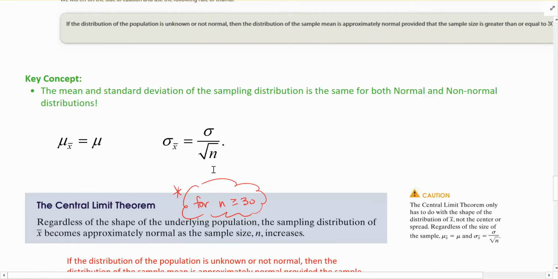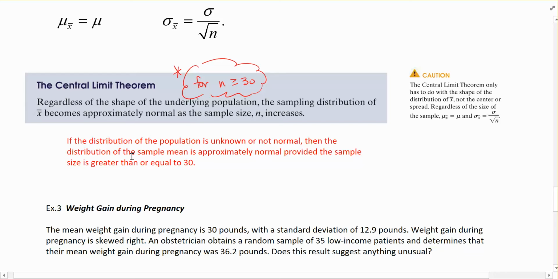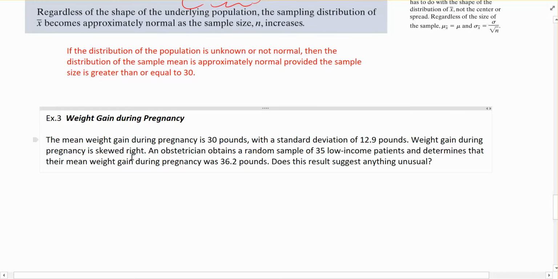Again, the mean and the standard deviation of the sampling distribution are going to be the same for both normal and non-normal distributions. What we did in the previous example is going to be the same concept as what we do moving forward, as long as we apply the central limit theorem, or in other words, as long as the sample size is greater than or equal to 30.